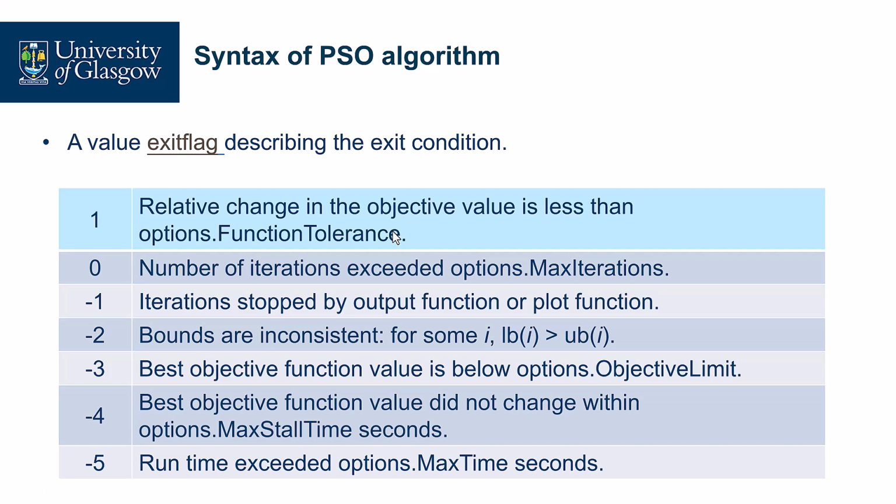If the change is smaller than that, this means the objective function does not improve for a while, then I terminate it. The second, number of iterations exceeded options.MaxIterations. This means I set a certain number of iterations according to computing budget or my patience, as a stopping criterion. Later on, you can see the following, right? Some of them are not covered in this specialization. That will be in the advanced one.